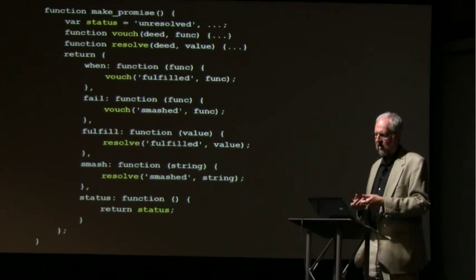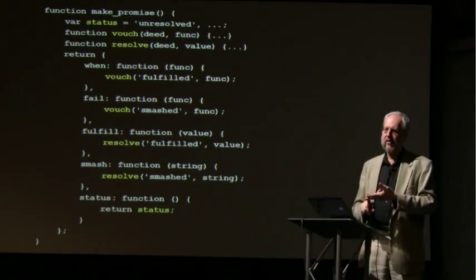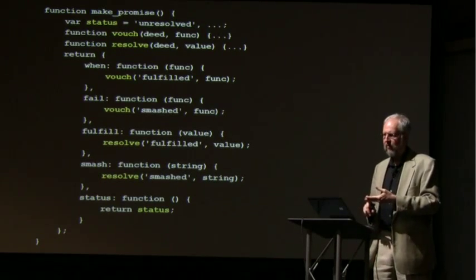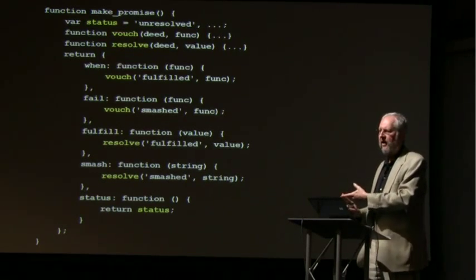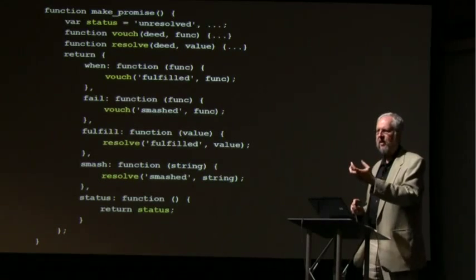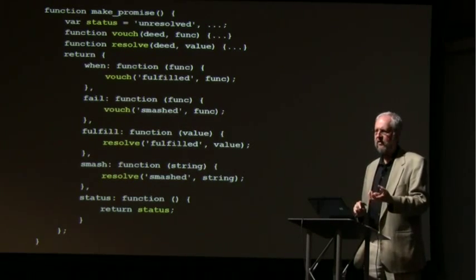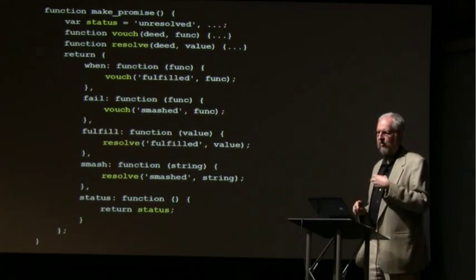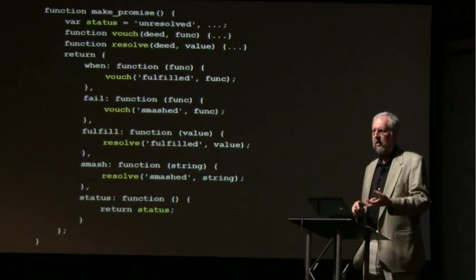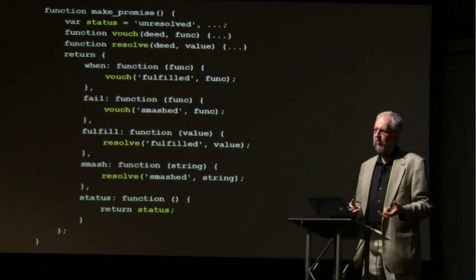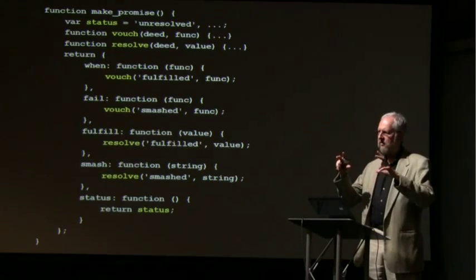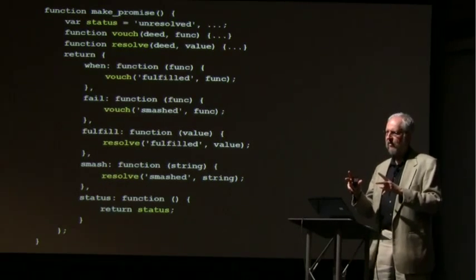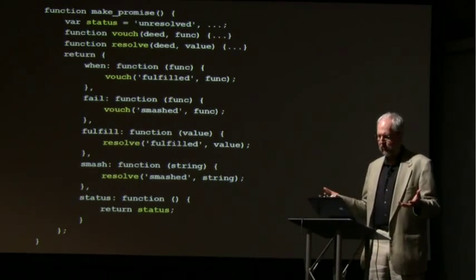So I give you back an object containing a when and a fail method. You can then pass to when functions that you want called when the thing is fulfilled. And you can also pass functions to fail for the case where a failure comes back. And it'll just sit on all of those things until it knows what the disposition is.